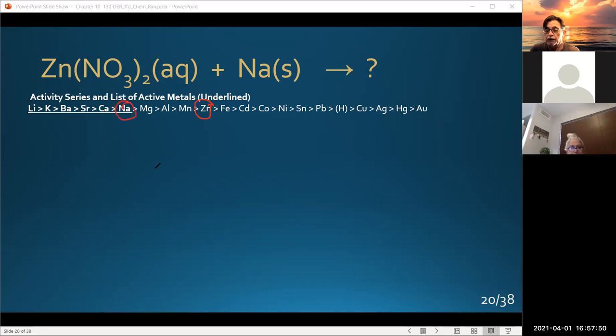We can see that sodium is a lot more reactive than zinc. Step number two, is sodium in ionic form?